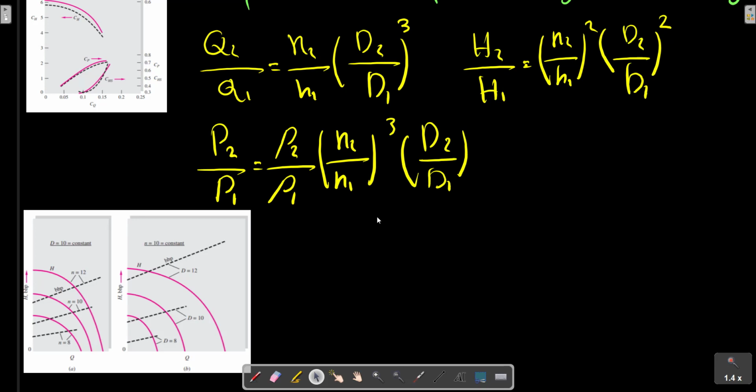In the first one, the diameter is constant and the change is in the head and BHP at various speeds, shaft speed.